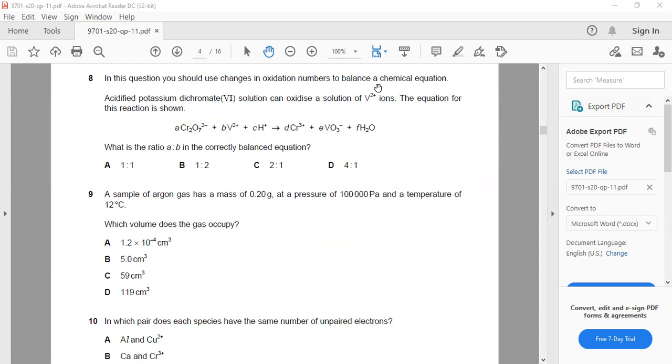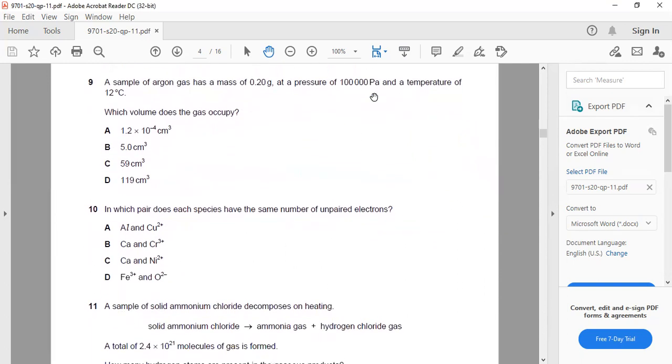Next, a sample of argon, 0.2 gram, pressure, temperature. What volume of... I think it's very simple. PV is equal to nRT. V is equal to nRT upon P. Only the unit you have to see.